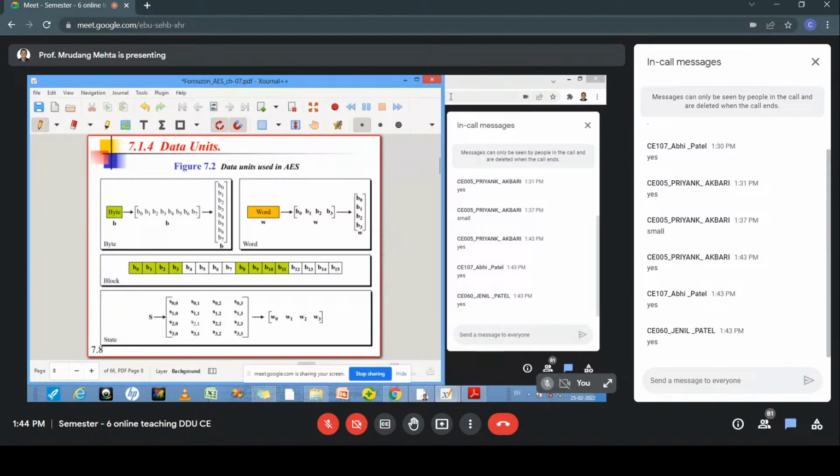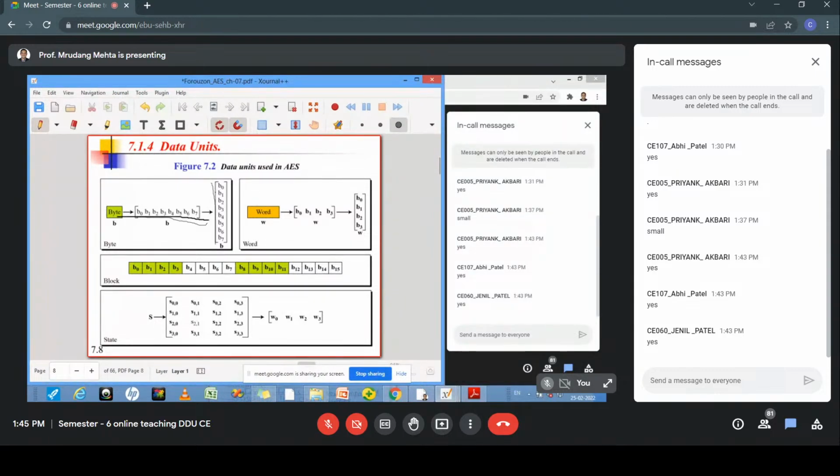Now this is very important information for you. I already discussed with you. So byte is represented by this single dimensional matrix B0 to B7. So it can be written as row and it can be also written as column. Okay. So this is what we should understand.